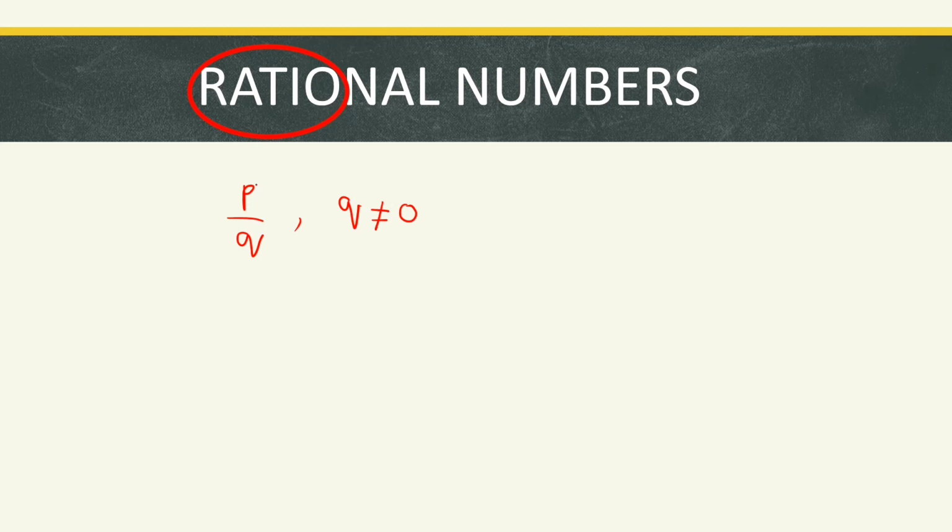So any number of the form p by q where q is not equal to 0 is called a rational number, where p and q are nothing but integers. So if I have a number 1 by 4, I can say that it is a rational number because the numerator 1 is an integer and denominator 4 is an integer. Therefore, 1 by 4 is a rational number.